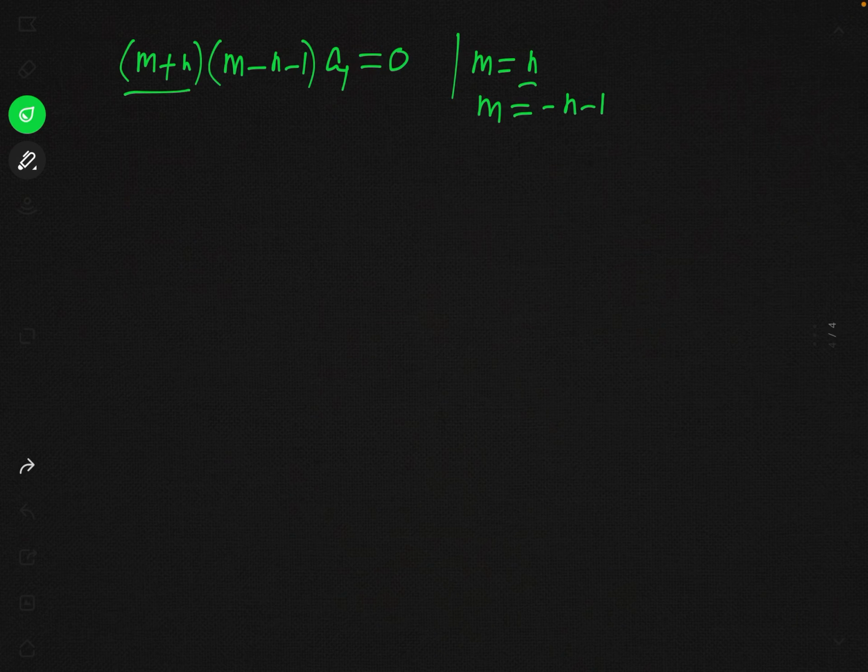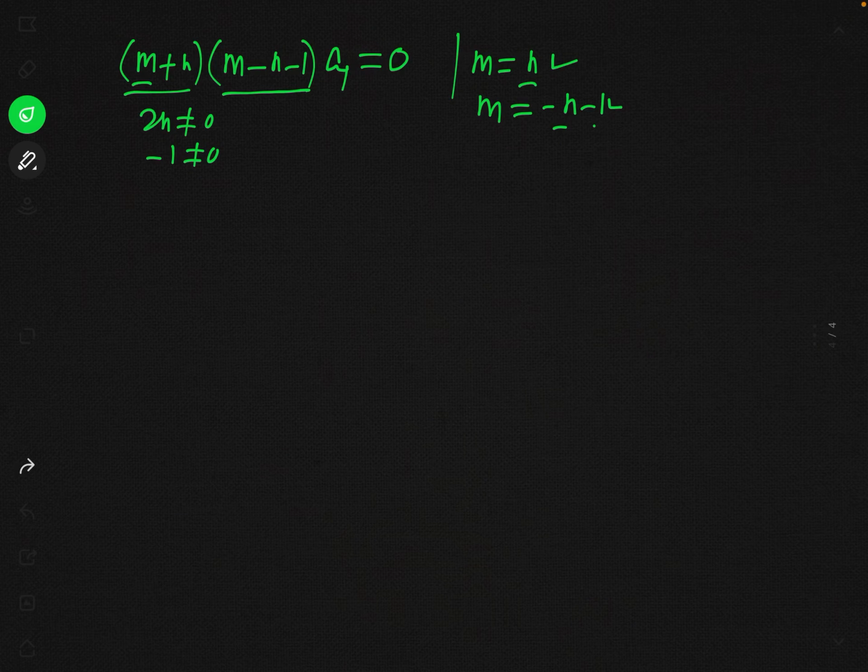So if we put m equal to n, then you can see this term will be actually equal to 2n, and this is not equal to 0. And if you put m equal to minus n minus 1, then n will cancel out, and this will be minus 1, and this is not equal to 0.